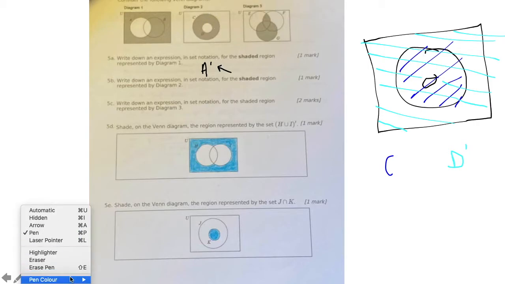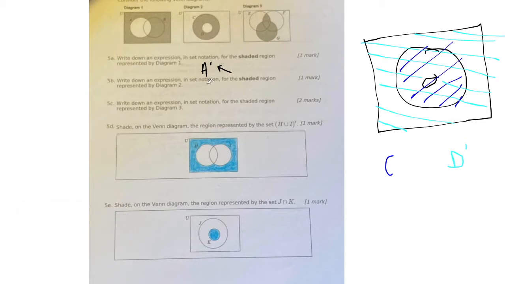So our answer for this is going to be the following: C intersection not D.